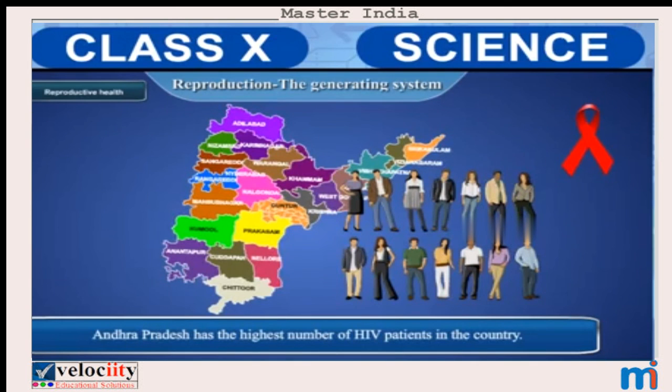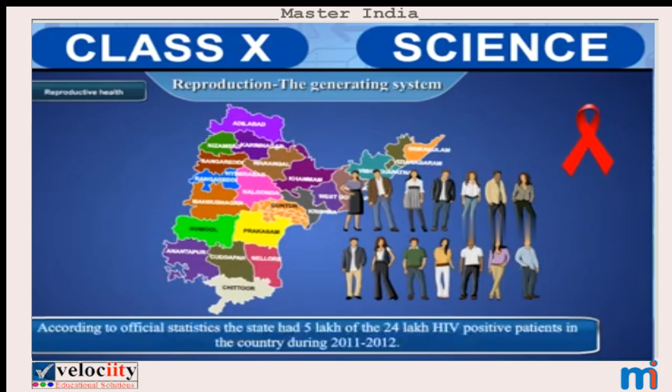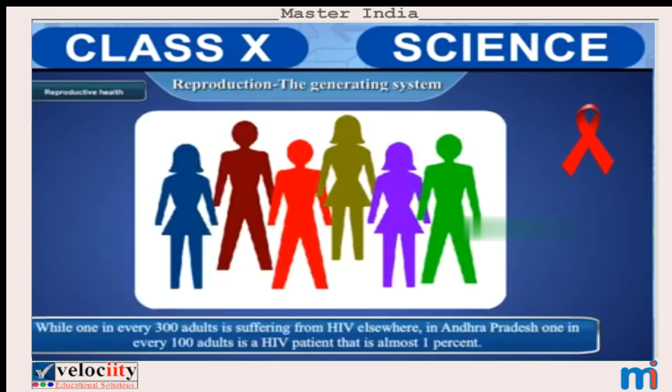Andhra Pradesh has the highest number of HIV patients in the country. According to official statistics, the state had 5 lakh of the 24 lakh HIV positive patients in the country during 2011 to 2012, while 1 in every 300 adults is suffering from HIV elsewhere.